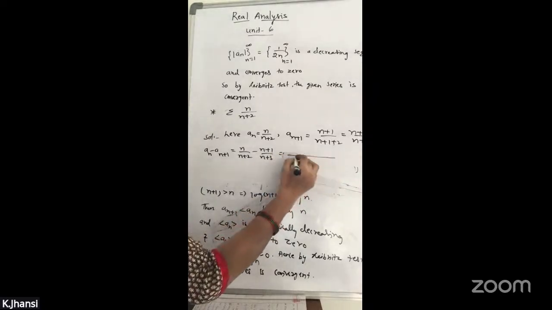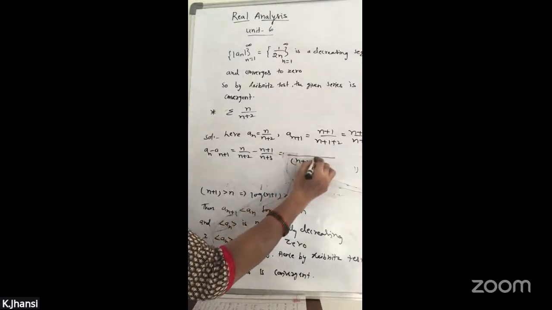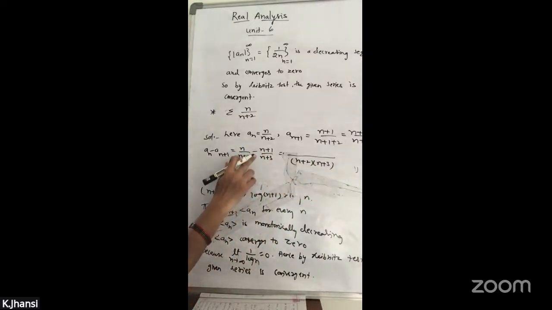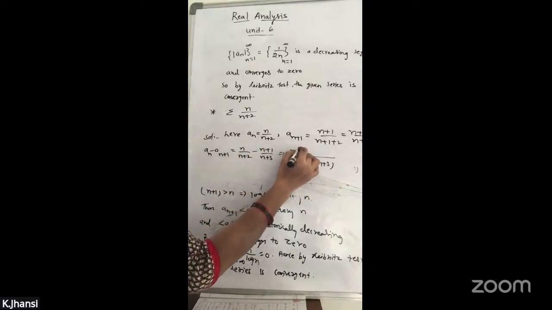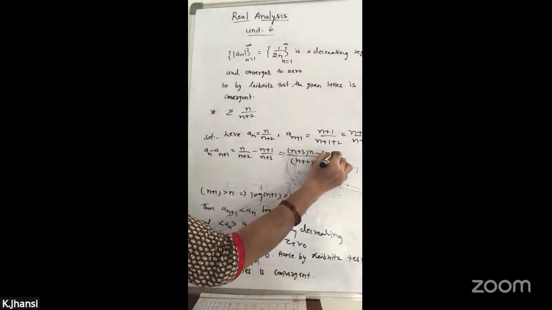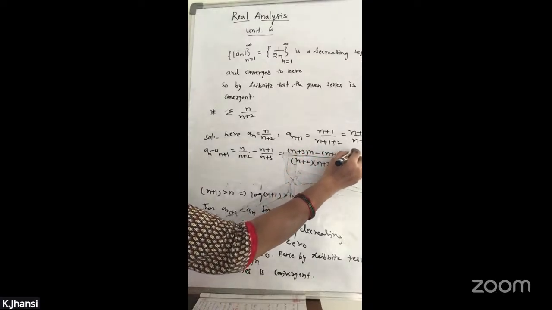So if you take the denominator n plus 2 into n plus 3 and cross multiply, that is n into n plus 3 minus n plus 1 into n plus 2.